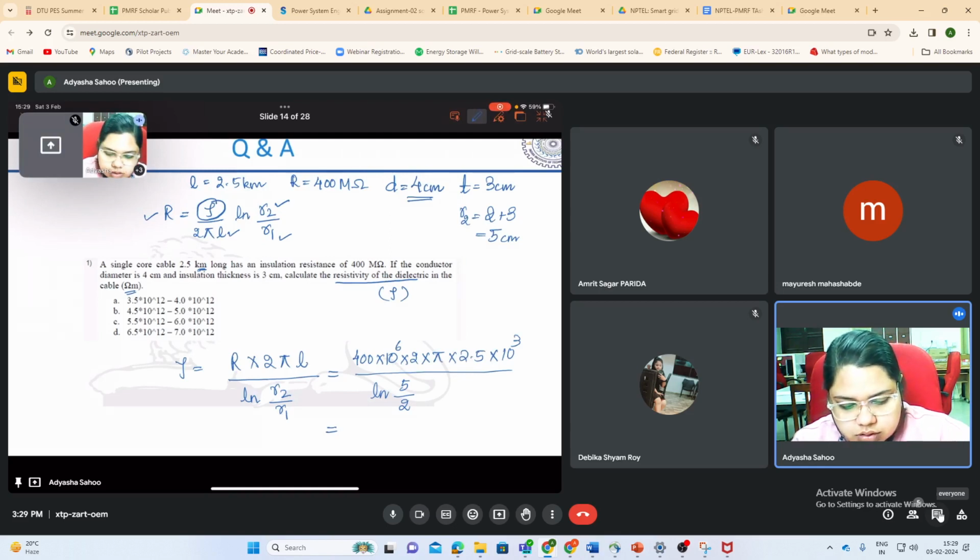This will come around 6.8 times 10 to the power 12 ohm meters. So it will be D, right?